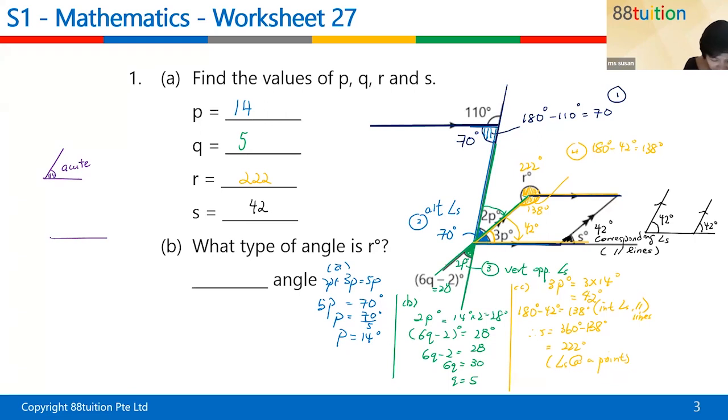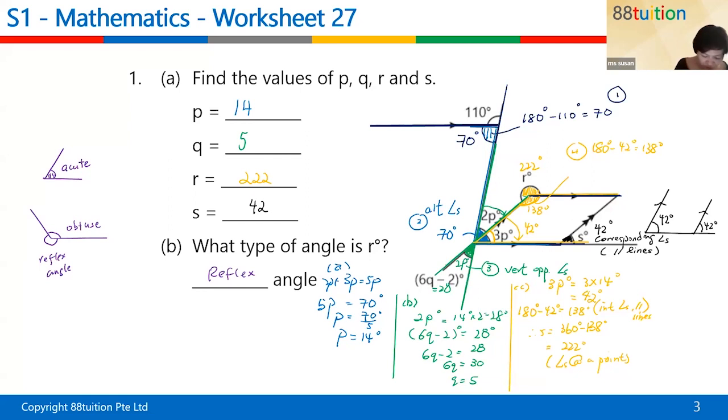Any angle more than 90, we call an obtuse angle, but it must be less than 180. But anything that is here, what do you call it? Anyone? Thank you, Hao Lun. Reflex angle. This one you learned in P6 before also. So that is called a reflex angle. All right, so far so good. This shouldn't be difficult.